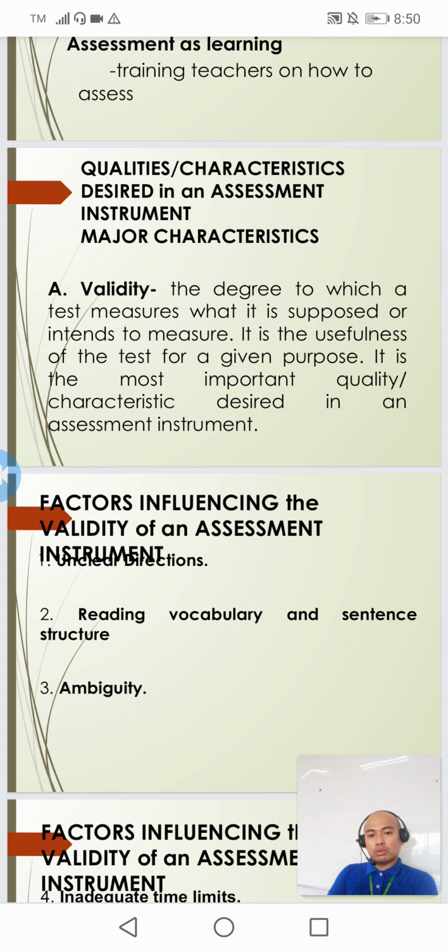Baka yung mga students ninyo, instead of analyzing the items, ang gagawin na lang nila during that post-test is to recall what has been given during their pre-test. So yun yung possibility, and that might be a factor. It will not give you a reliable result in terms of the analysis of the students in the items given to that test instrument, which is the post-test.